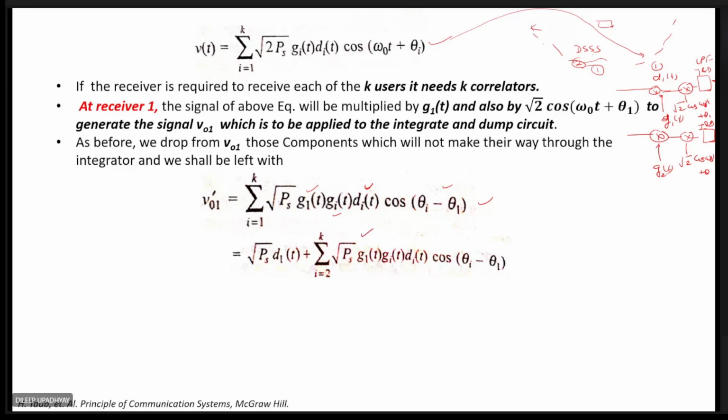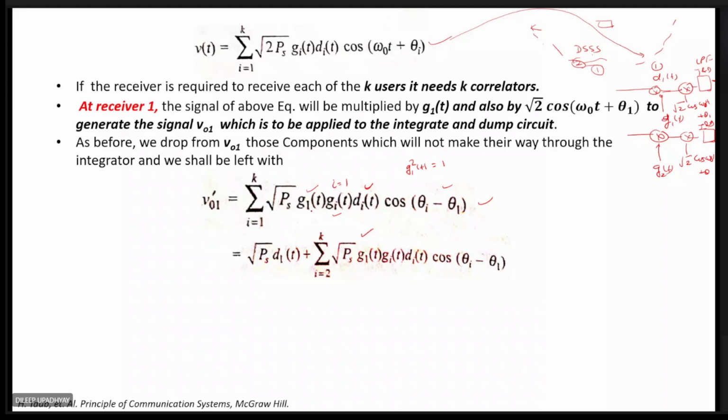How? If you consider i equals 1, it will be root P_s g1(t) d1(t) g1(t), and we know that g1 squared(t) is nothing but 1, and then cos(theta 1 minus theta 1), which is cos 0, equal to 1. So the first term corresponding to i equals 1 will be root P_s d1(t), because g1 squared(t) becomes 1.